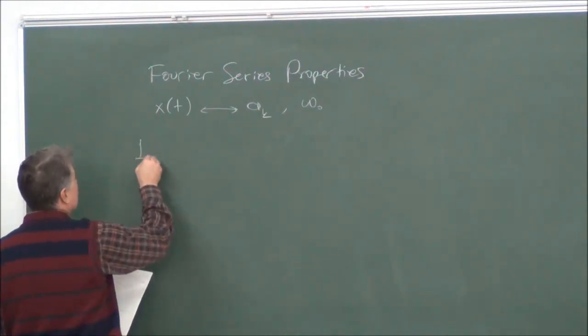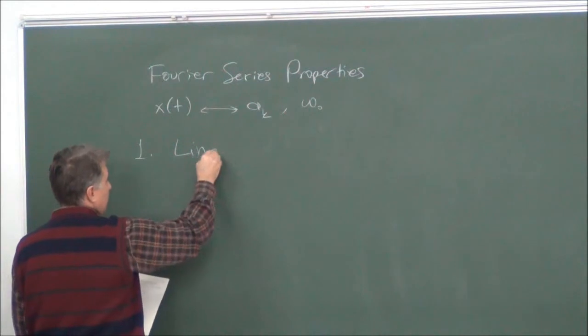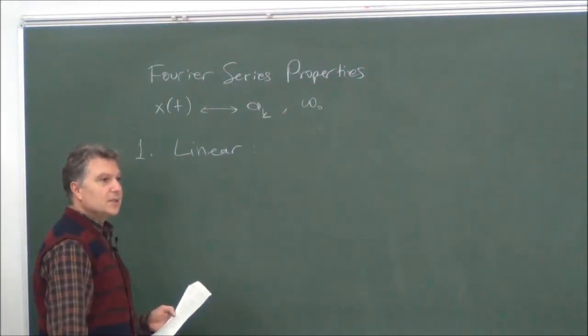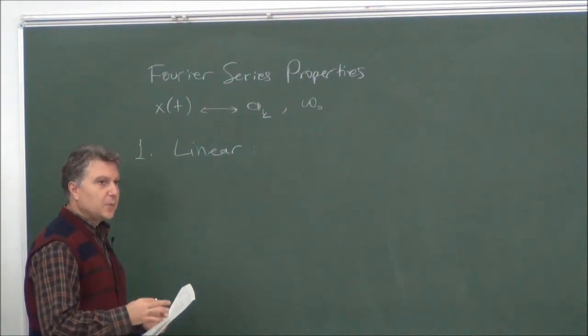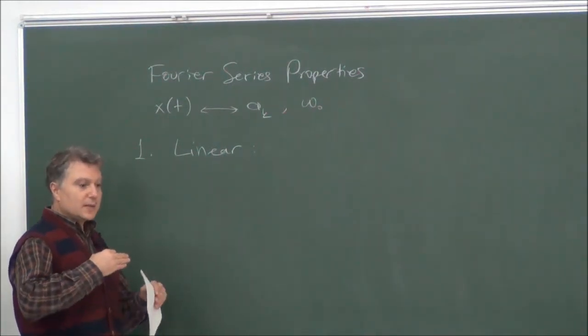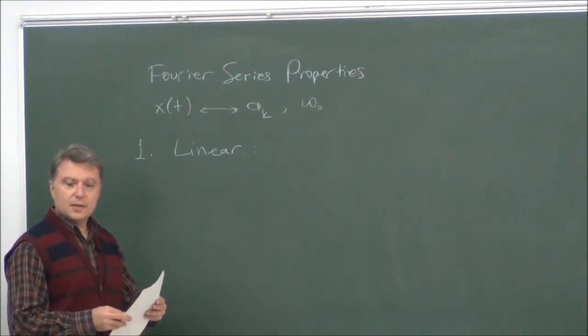Starting with the linearity property. The Fourier series coefficients obey the linearity property, but you have to be careful about whether the coefficients correspond to the same frequency or not.